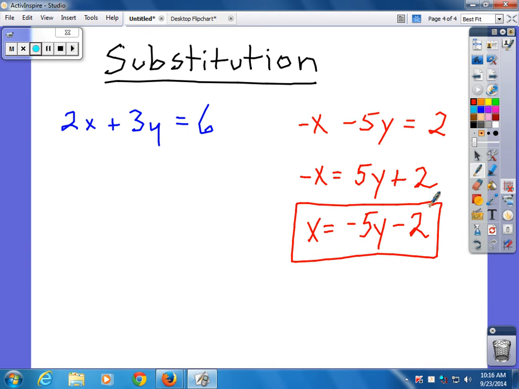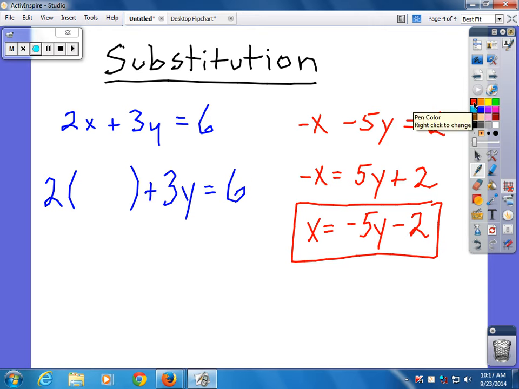Now, what are you going to do with that negative 5y minus 2? Good job. Plug it into x. So right over here, I'll take my handy dandy blue marker, and I'm going to plug in negative 5y minus 2. And finish it.